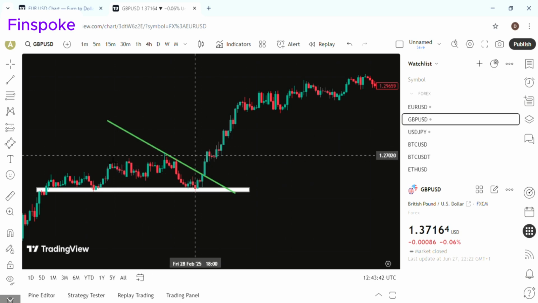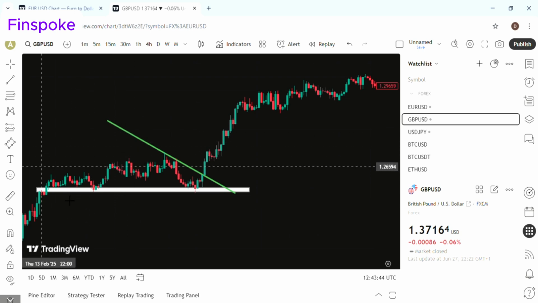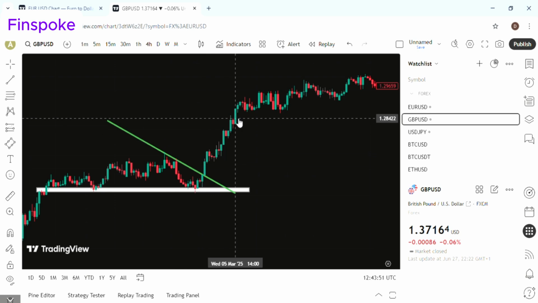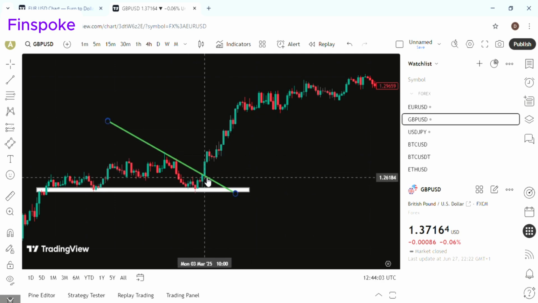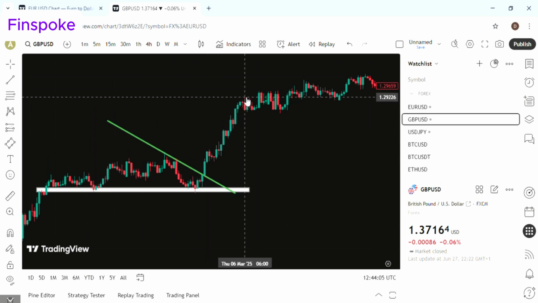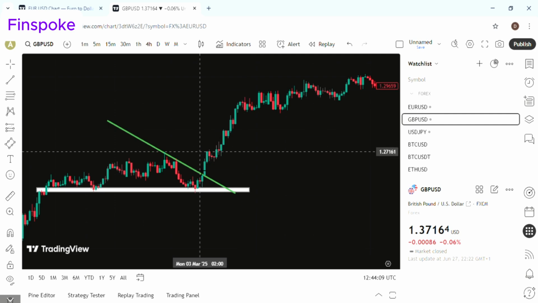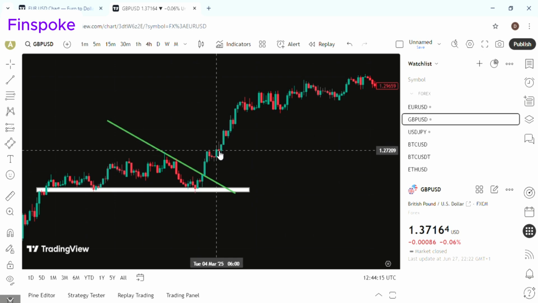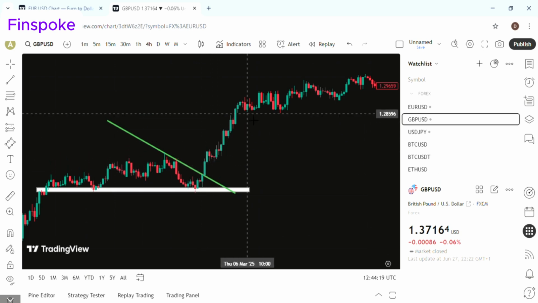Now what we are seeing here is a triangle chart pattern that is being formed. And in this case, it's trend continuation. The break shows a continuation in the trend, as displayed here. In some cases, you could also see something like a break and a retest before the continuation.